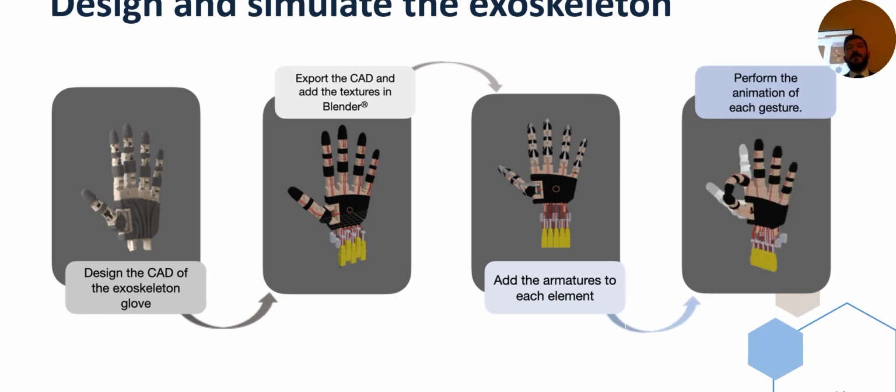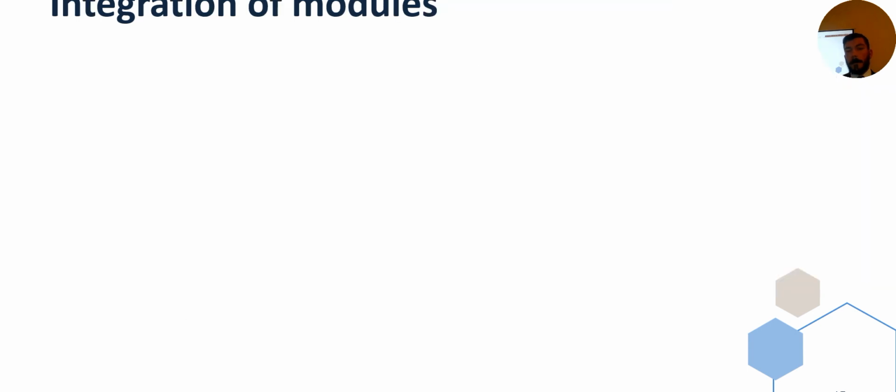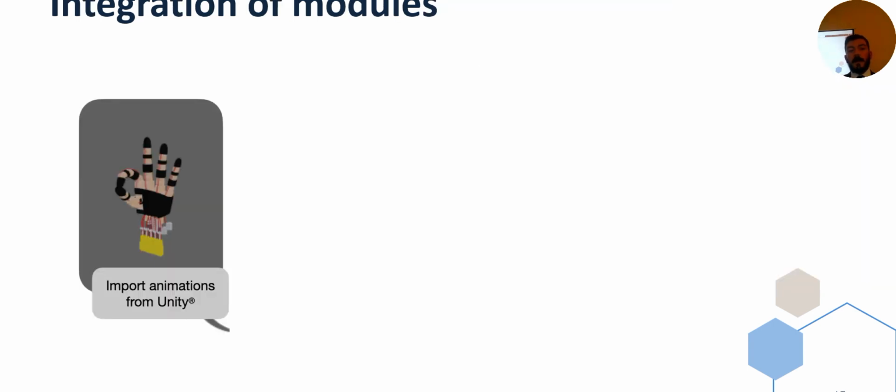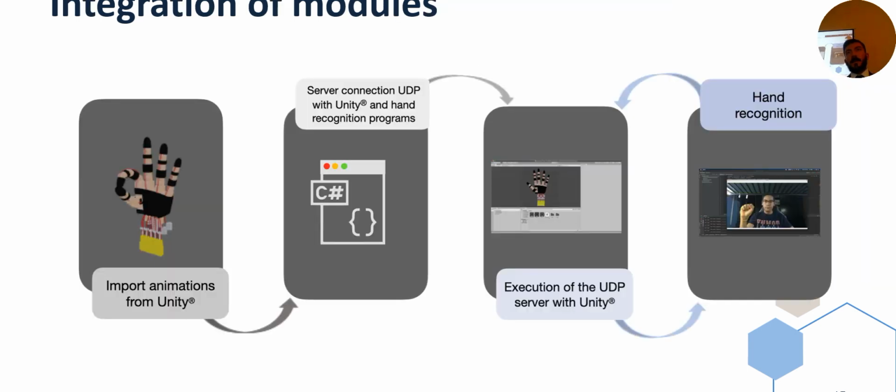And after that we built the library of all the animations of the gestures the therapist recommended. Finally, in the last stage, we import all the animations from Unity and connect them to a UDP server, and after that we execute the interface.